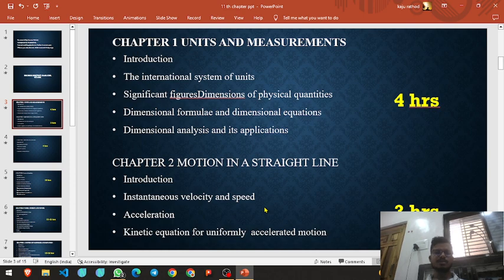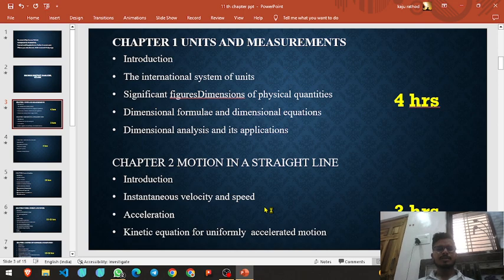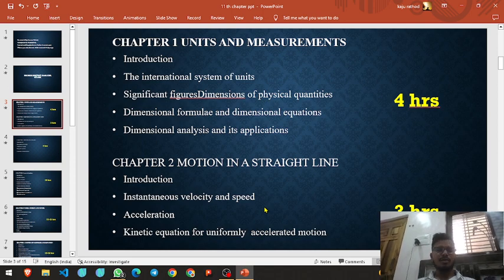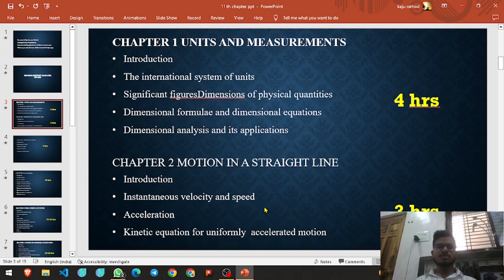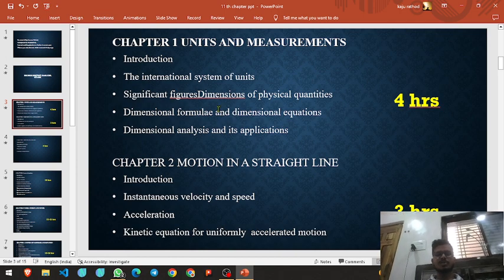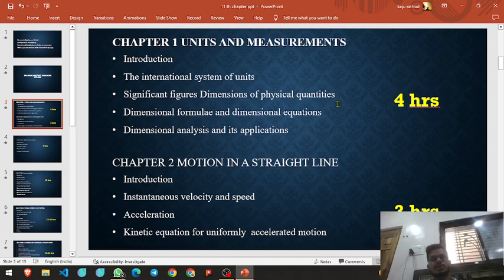Our first chapter is unit and measurement, in which we are going to study some basic concepts of units: the international system of units, significant figures, and dimensions of physical quantities, dimension formula, dimension equation, and how we can calculate the dimensions for any formula.